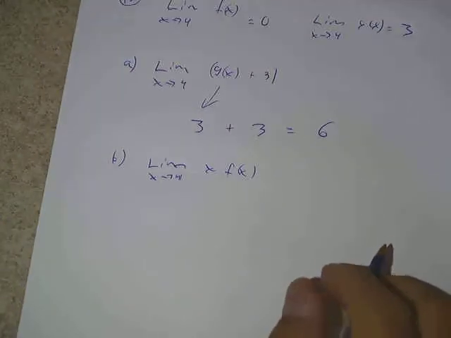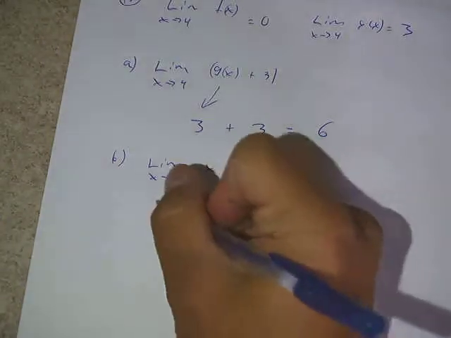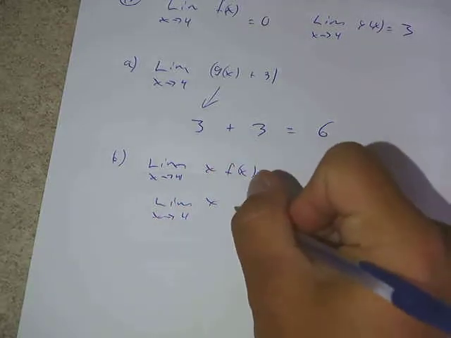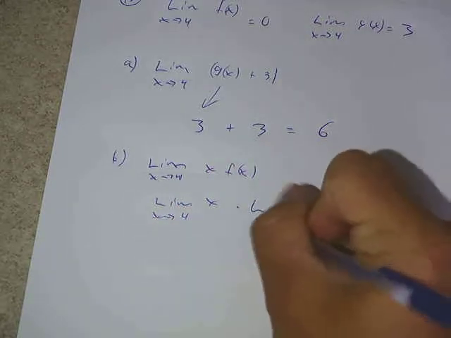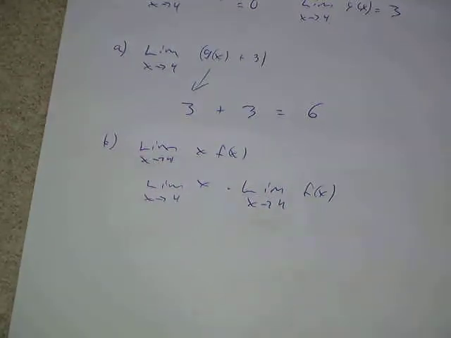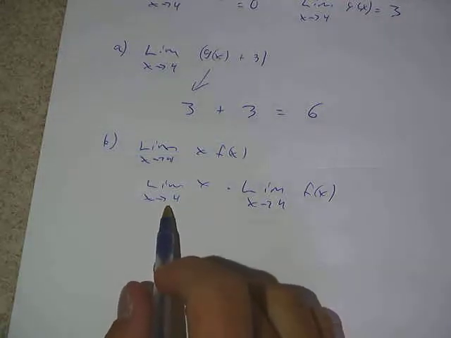Letter B says the limit as x approaches 4 of x times f of x. Once again, this one is a product situation. If we separate those into two separate limits, and I'll write it out this time since we didn't have one written out like we did with the addition, that would be our new statement if we use the properties correctly. We'll take the two limits separately and then multiply them together.